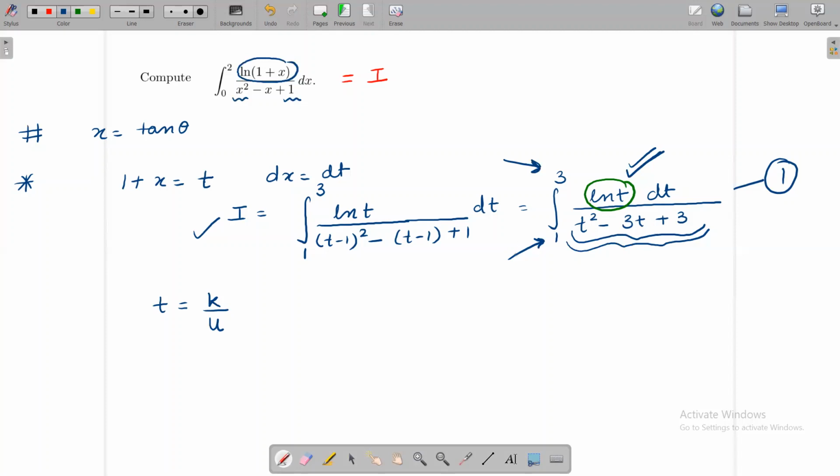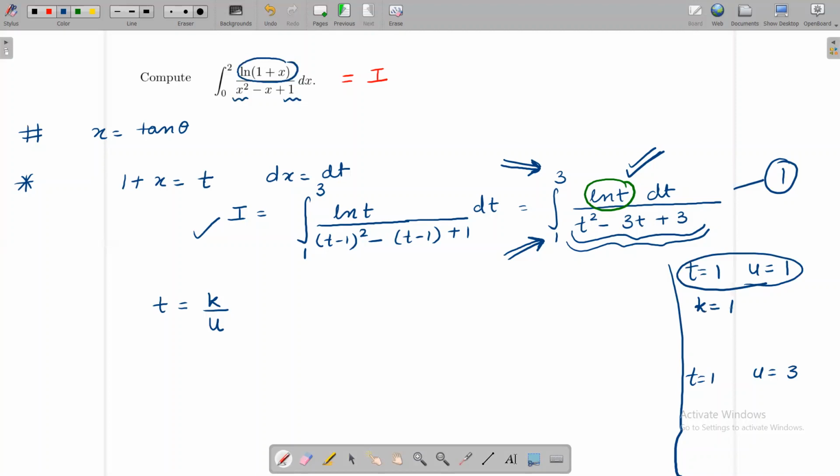To get k, I'm going to the second important point. I'm observing the limits, and all these things have to be done in rough. So when I keep t is equal to 1, for u we have two options. Either it must take the value 1 or it must take the value 3. What will happen if I take the first case? In this situation, the value of k turns out to be 1.